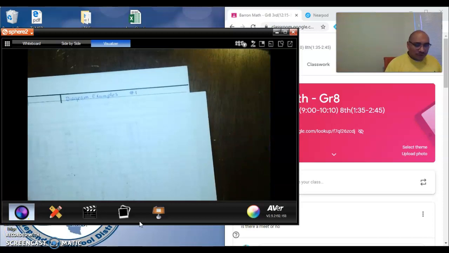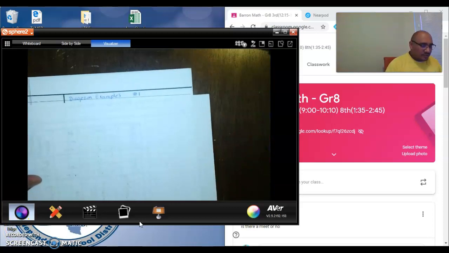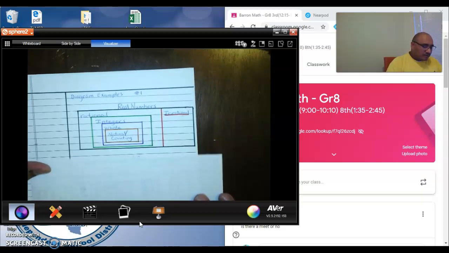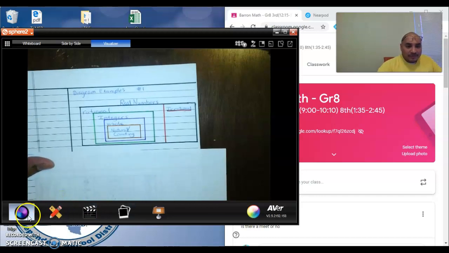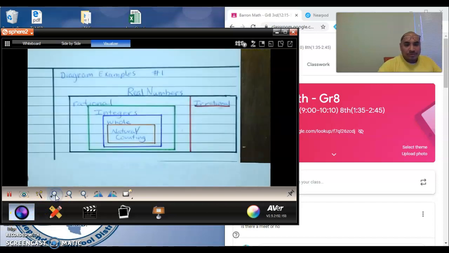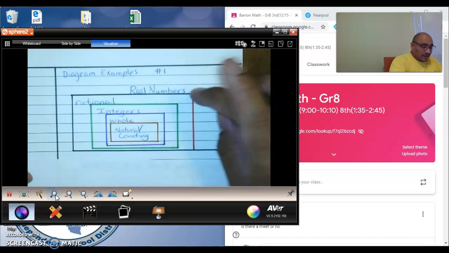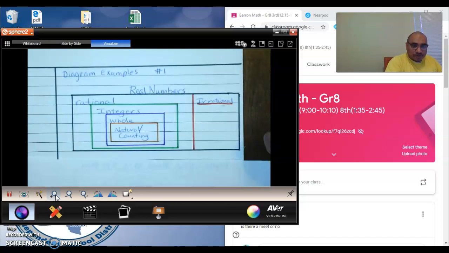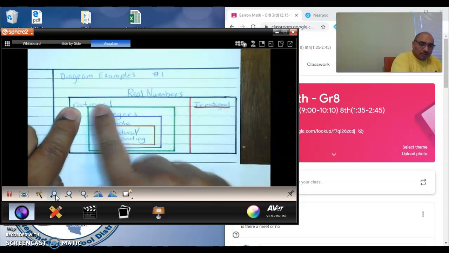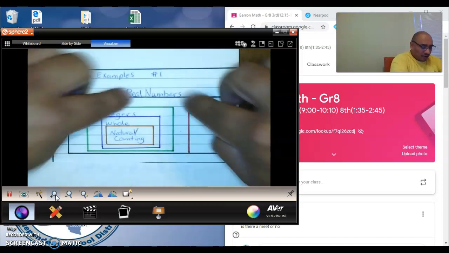All right, next we're going to go over some diagram examples because you are going to be tested over diagrams. Our first diagram is going to be this one here. Okay, this is our first one. Remember, on the outside, you have the umbrella of real numbers. Then inside of real numbers, you have both irrational and rational. Both of these are part of real numbers.